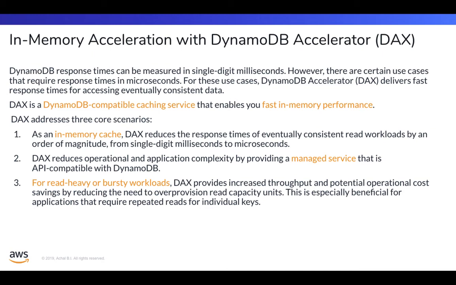The first core scenario would be in memory cache, where you could achieve microsecond latency, and this DAX would be a managed service, hence you don't need to create your own caching service inside your VPC.